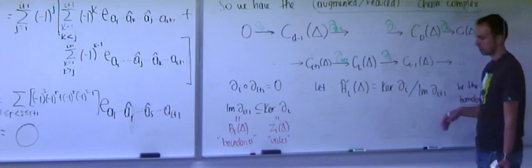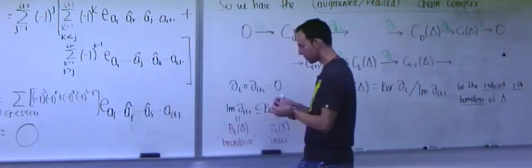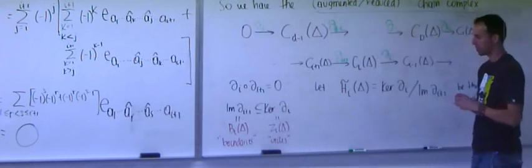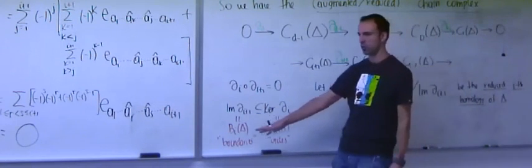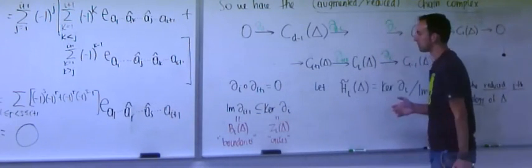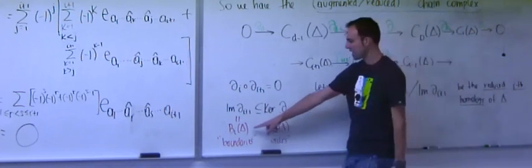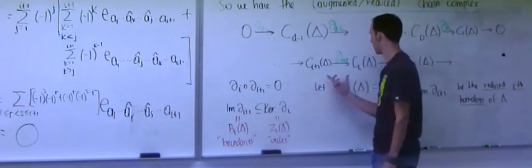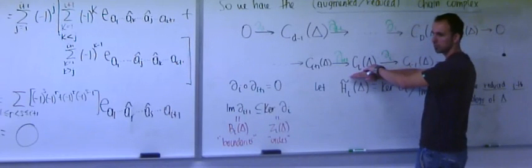Now, like I said, I want to define these things for two reasons. First of all, because that's what some books use. But second of all, because these offer a very good intuition for what's going on here. Think about this. Why are we calling Bi of delta the boundaries? Because something that lives here is an I chain, so it's a sum of I simplices.